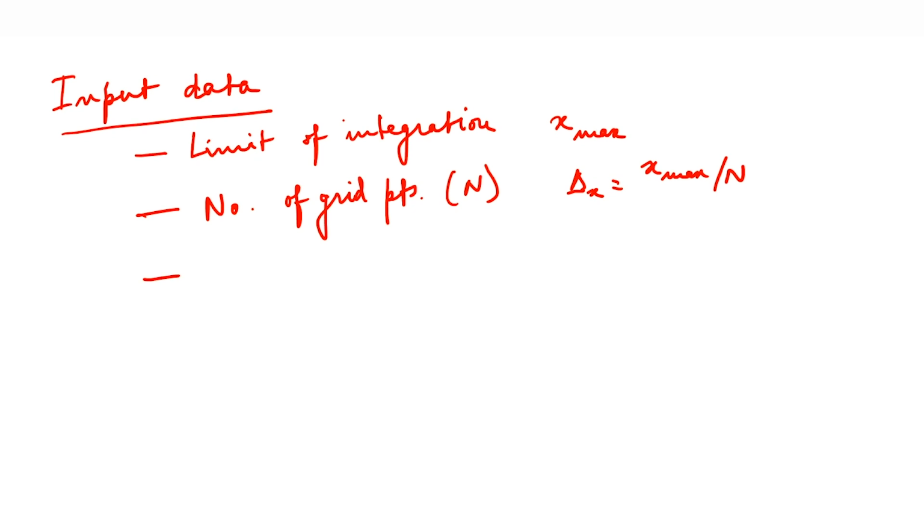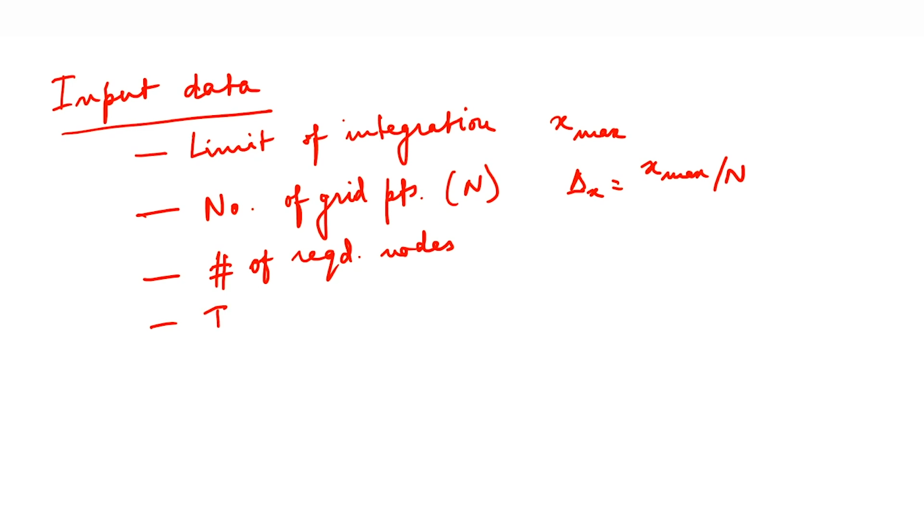Then you need to tell the code which particular solution you are looking for, or the number of nodes required. So, do you need a solution with 0 nodes? Do you need a solution with 1 node? Do you need a solution with 2 nodes?